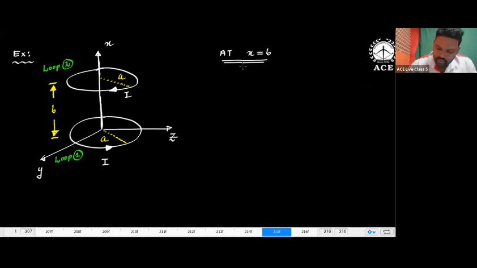Okay, see here, beta. Let us try to write down this one. At x is equal to B, what is the magnetic field? The overall magnetic field is the magnetic field due to the first loop as well as the magnetic field due to the second loop. Yes.